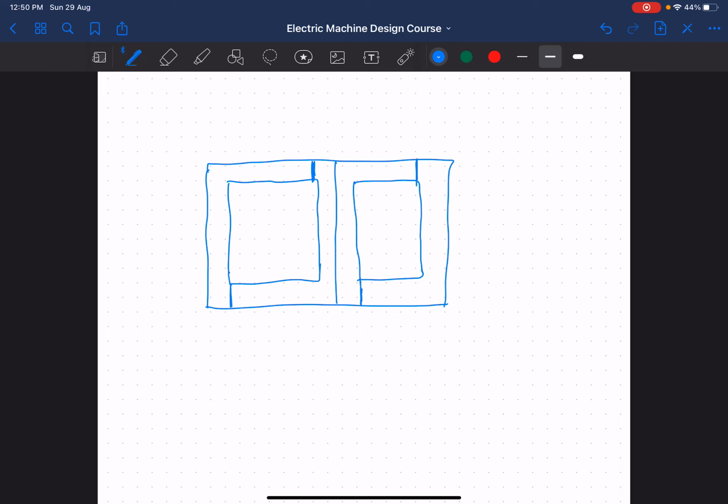So you see that there are different sections. This is one section, this is another section, this is another section, and this is another section. So this is the core of the shell type transformer. Okay, fine.